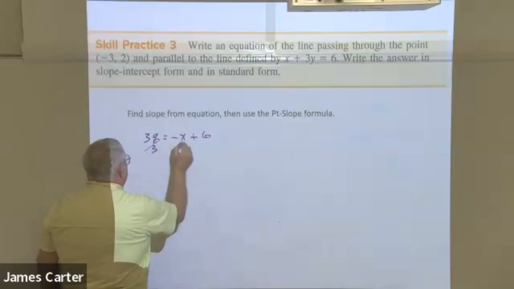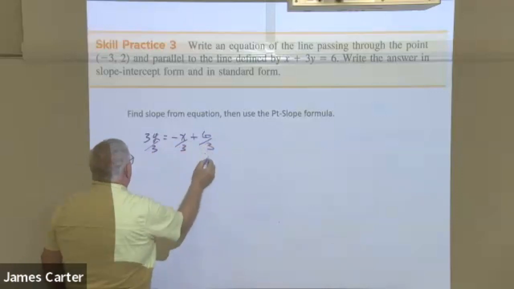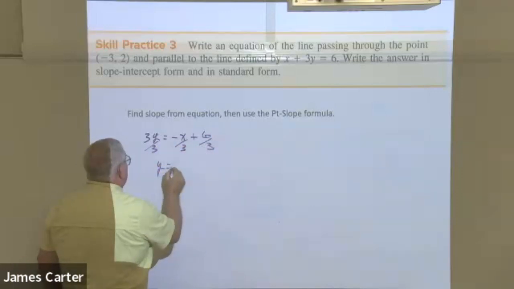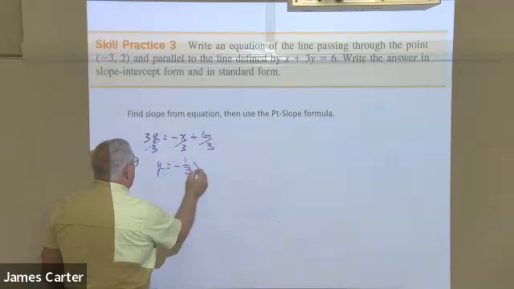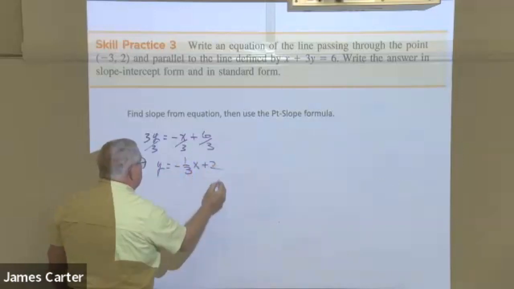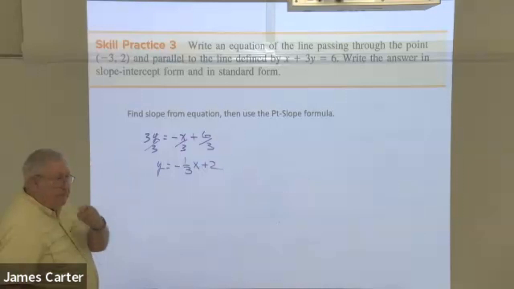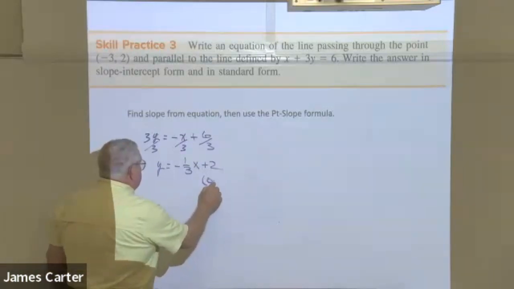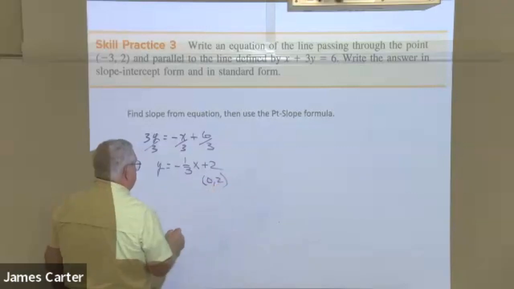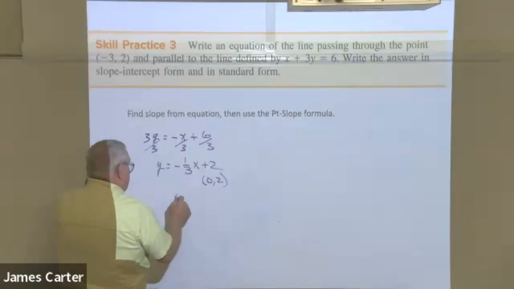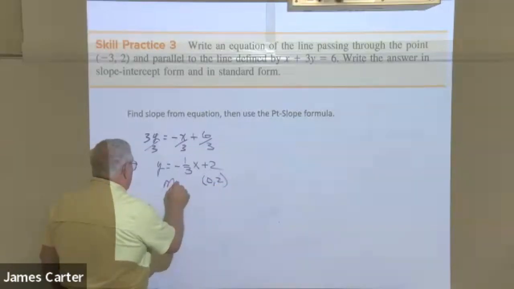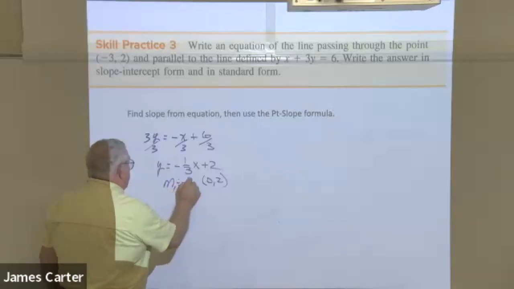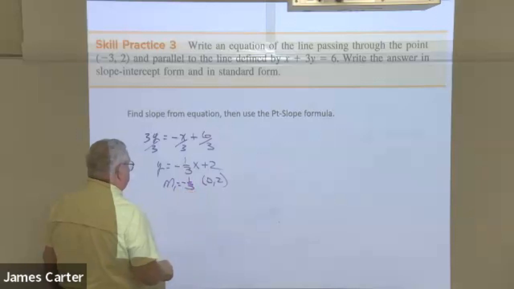Divide everything by 3, and we get y = -1/3 x plus 2. Therefore, the y-intercept is the 0, 2, and the slope of our first equation is -1/3.